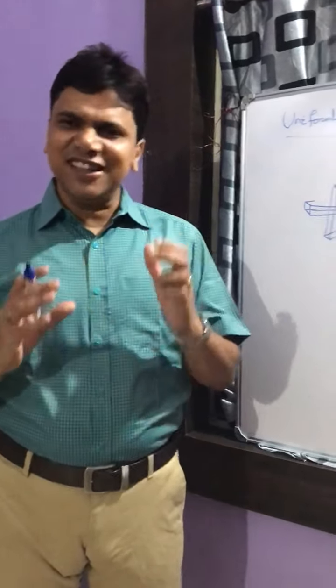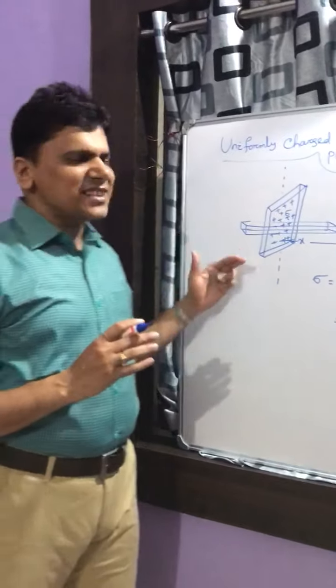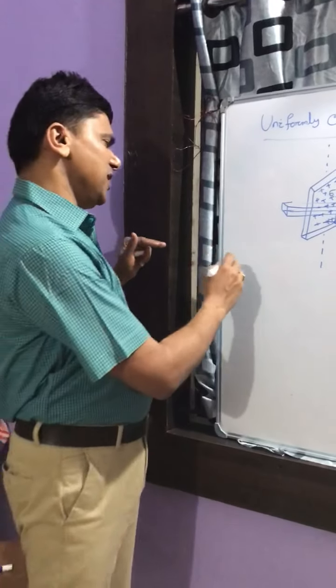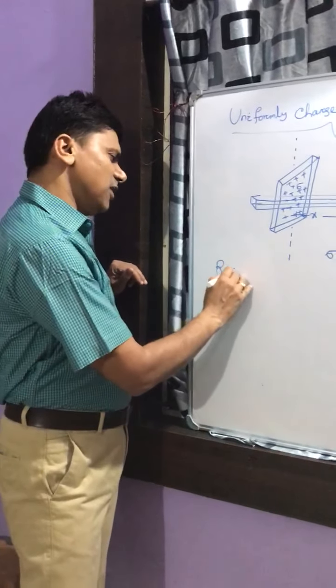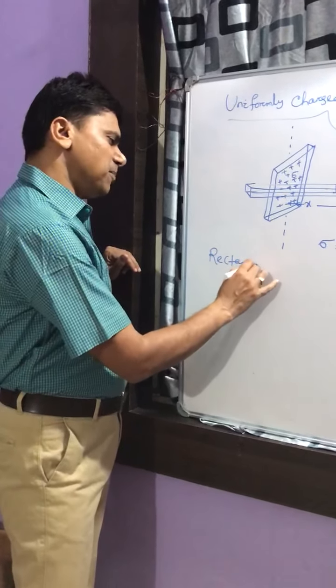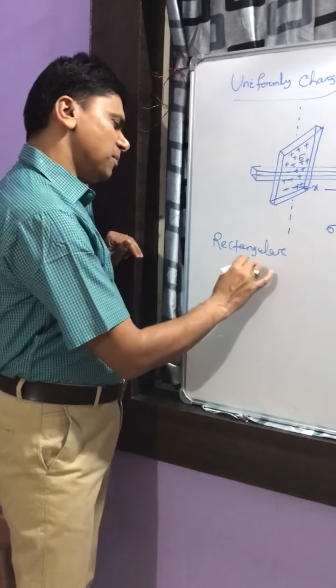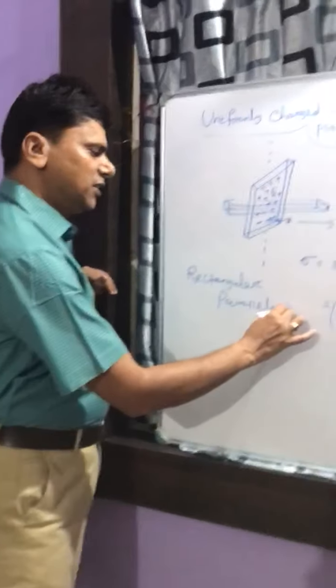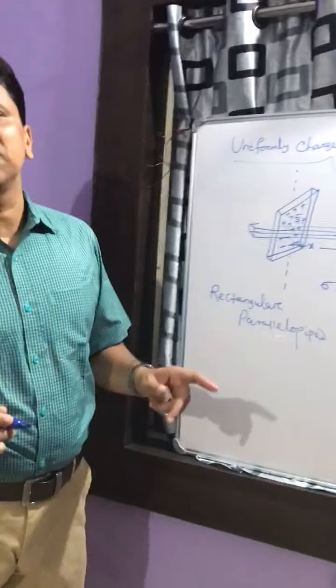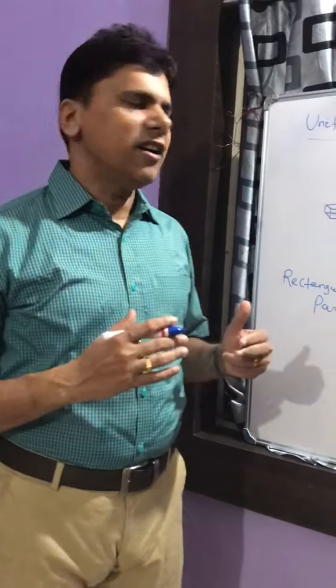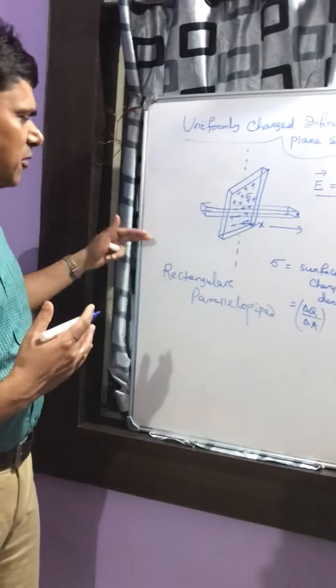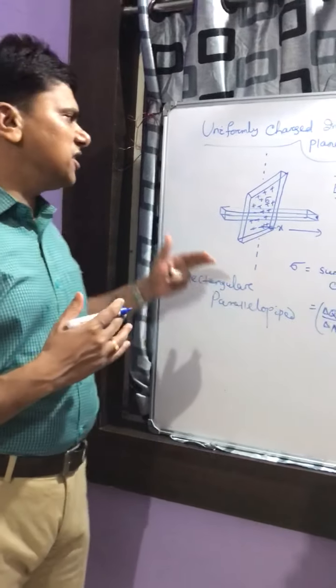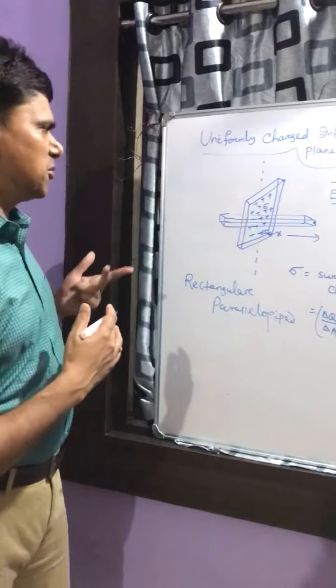This we have already discussed. In this case, the Gaussian surface will be in the form of a rectangular parallelepiped, which is the three-dimensional version of a parallelogram, and very similar to a cuboid, so to say.